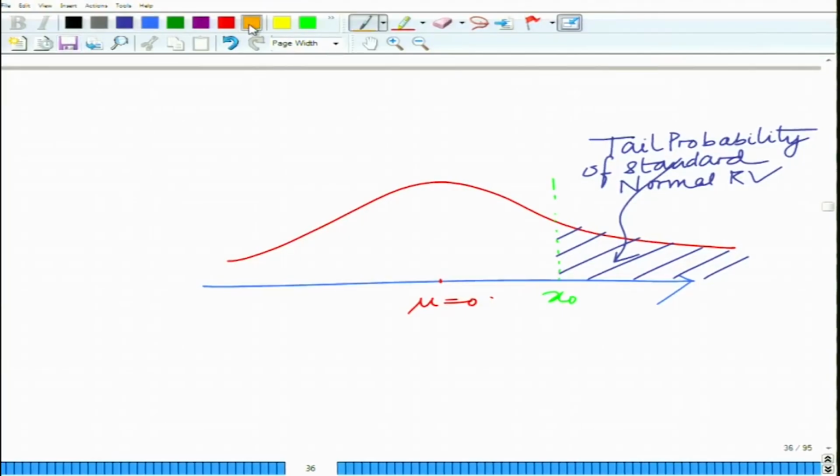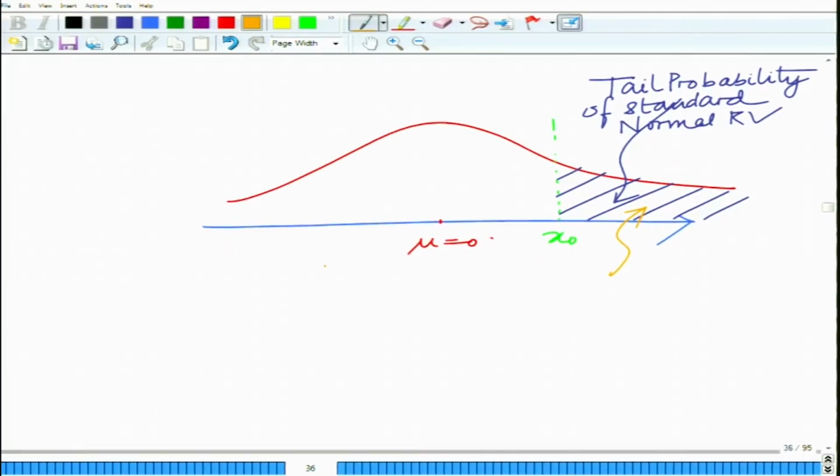This is also known as the complementary cumulative density function. The cumulative density function gives the probability that the random variable takes a value less than x naught. The complement of that, or 1 minus the CDF, gives the probability that it is greater than or equal to x naught.